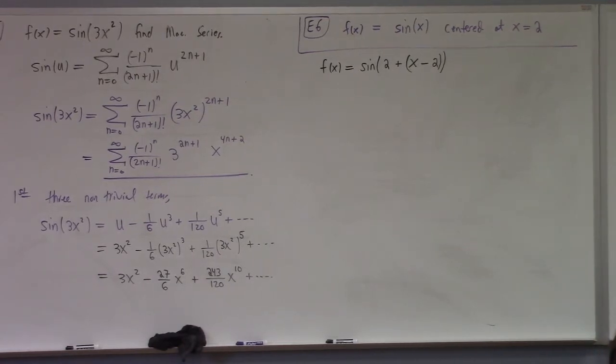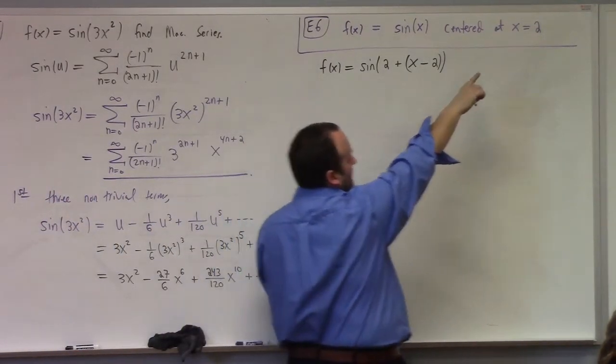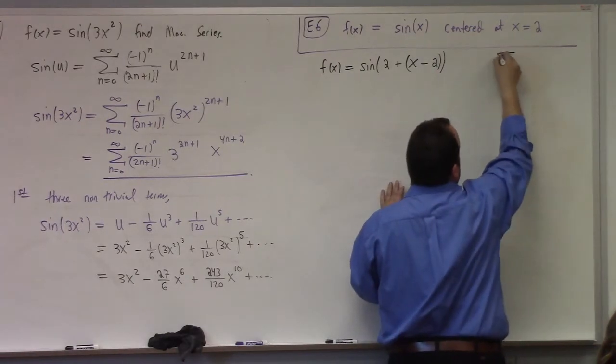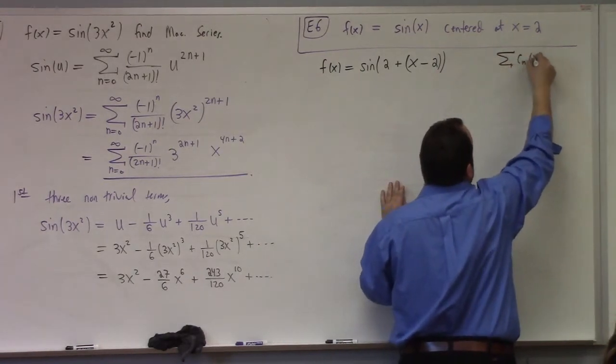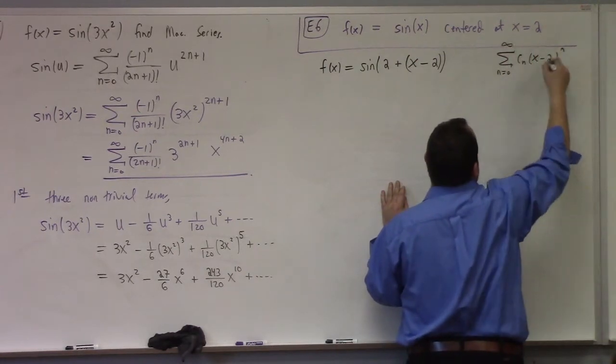So, in order to use the known results, you have to change what you're given to make it look like one of the known expansions, right? I know how to expand sine, cosine, and these things. So this means that I'm looking for an expansion of the form c_n (x minus 2) to the n. This is my goal.